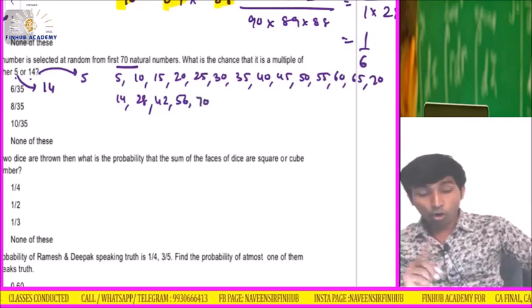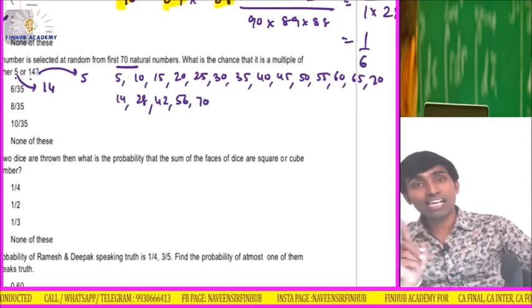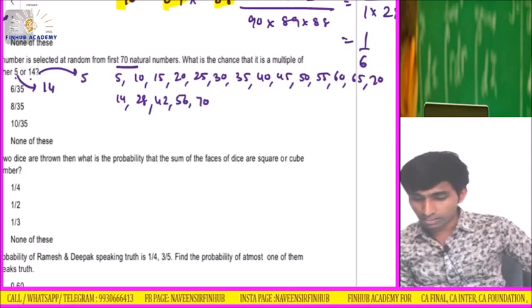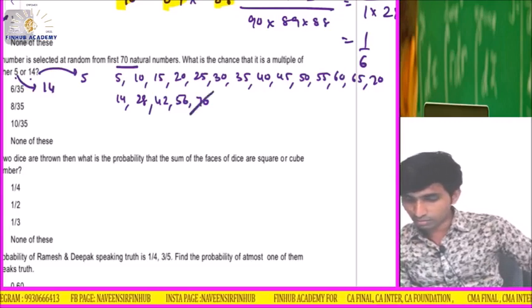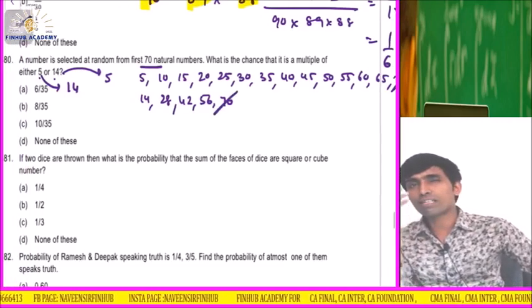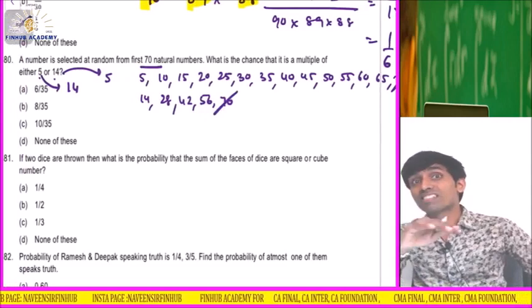Repetitions will not be counted. So what is repeated? 14, 28 are not multiples of 5, only 70 is repeated, obviously, since it is a multiple of 5.